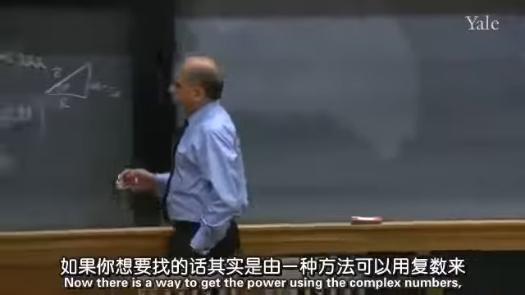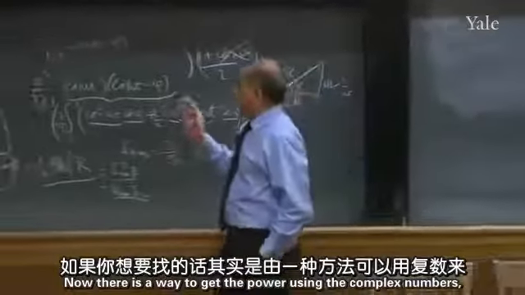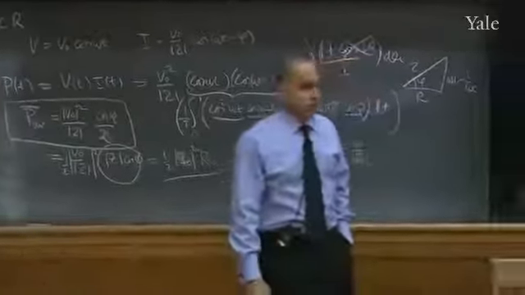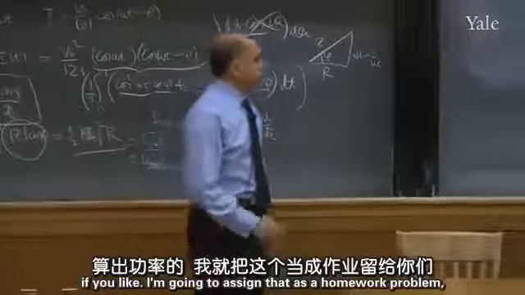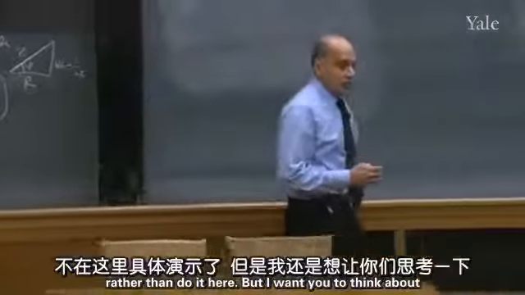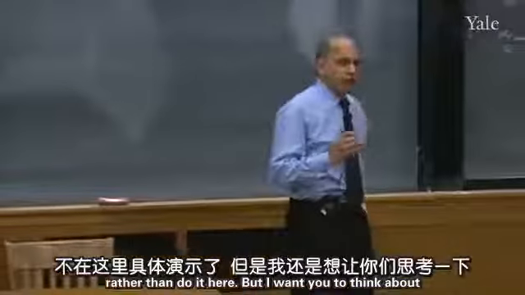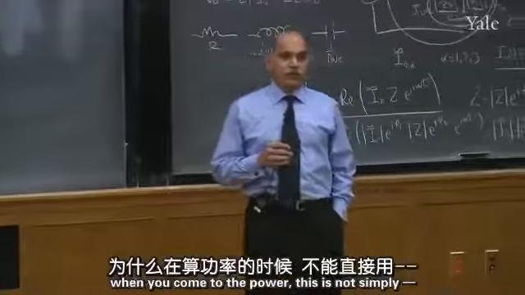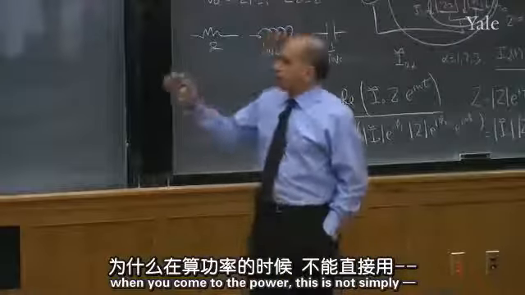Now, there is a way to get the power using complex numbers, if you like. But I'm going to assign that as a homework problem rather than do it here. But I want you to think about why it fails here.